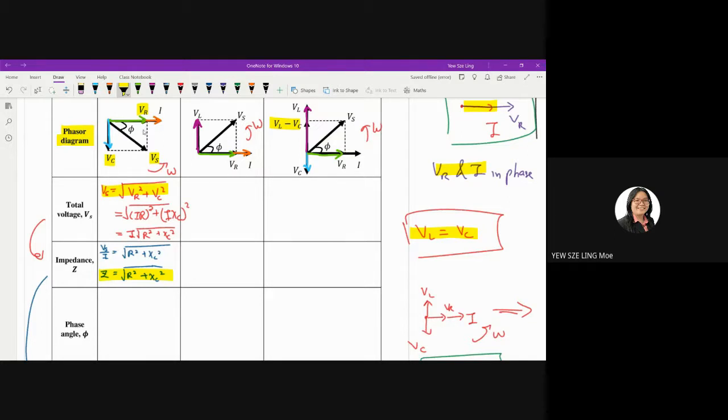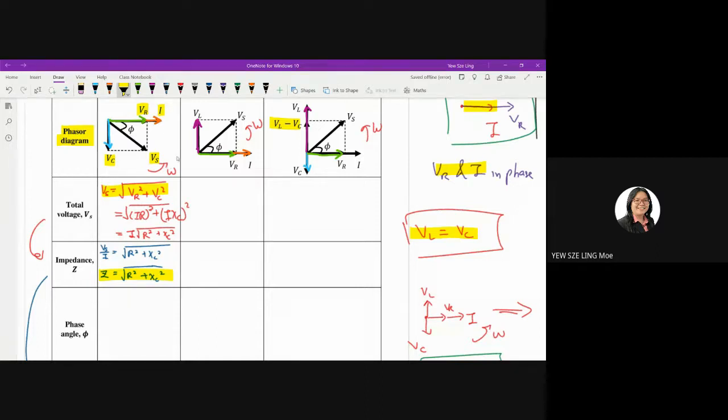So the phase angle between Vs and I can be calculated using sine, cos, or tangent. It's up to you which one you want to use, provided you have VR and VC, and also Vs, of course.